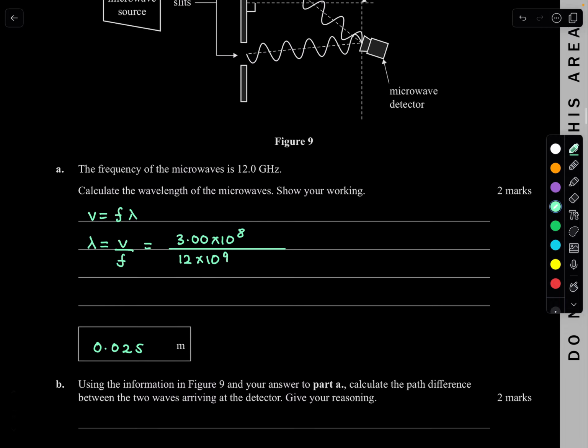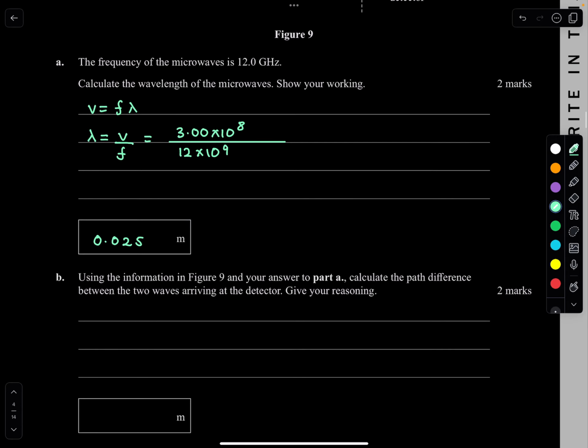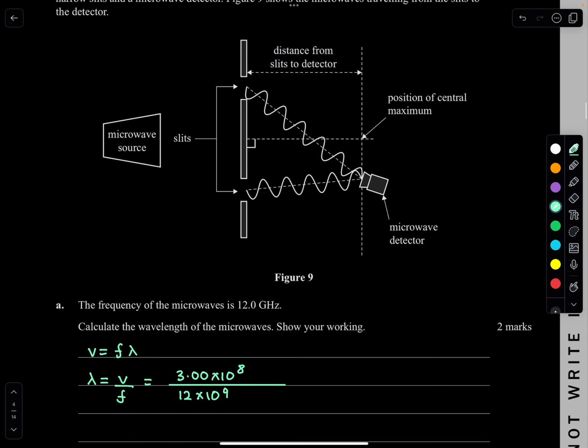Give your reasoning. So we want the path difference. Remember, the path difference is the difference between the distance from one slit to the detector and the distance from the other slit to the detector; you basically subtract them.